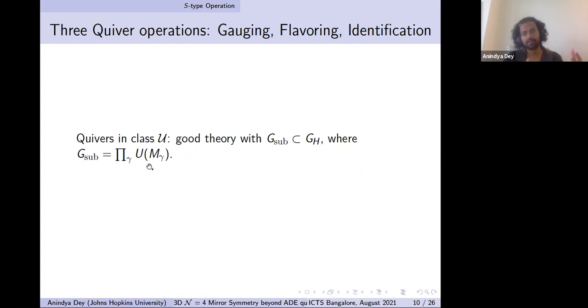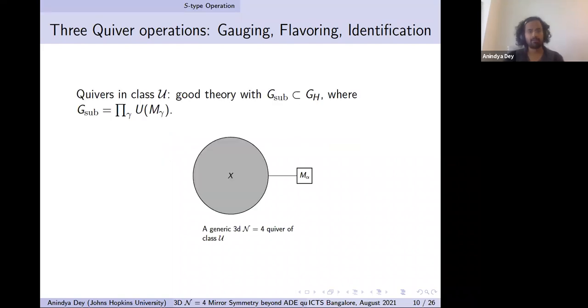Remember in Witten's case, he demanded that the 3D CFT had a U(1) global symmetry. So the somewhat obvious generalization of that is you have a subgroup in the Higgs branch global symmetry, which is a product of these unitary factors.